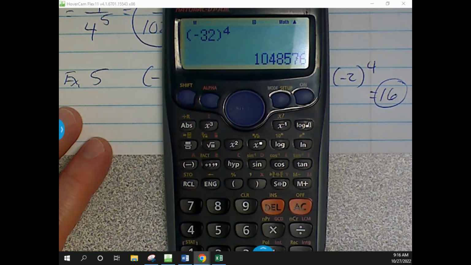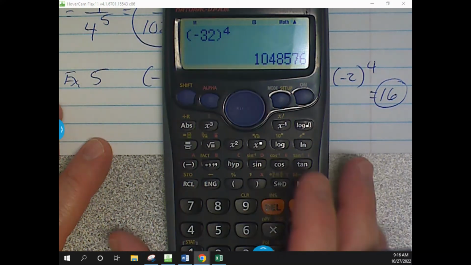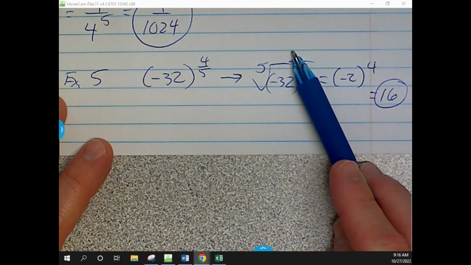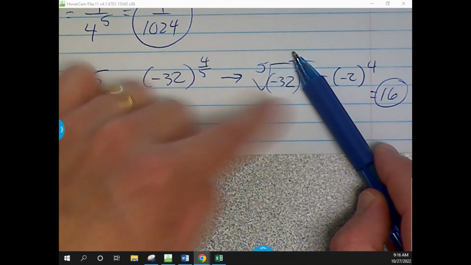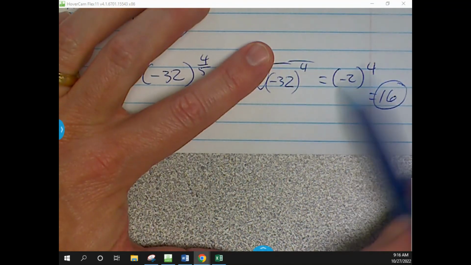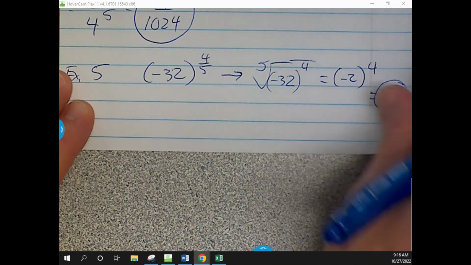And then you could take the fifth root of that number and go back and get the same answer. But it's a lot easier to do the fifth root of 32. So that's what they're saying in this case: most of the problems on these, it's going to be easier to do the radical part of it first, where you take the root part first, and then come back and use your exponent to do the answer. There might be an occasional weird one where you wouldn't do it that way, but almost every single one of these, that's the route that you want to go through.